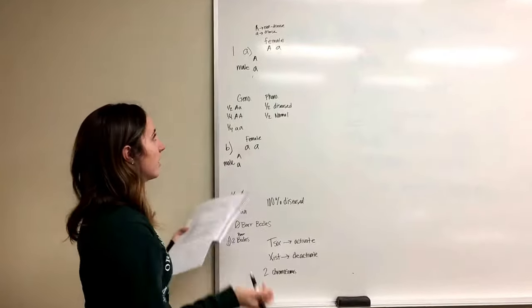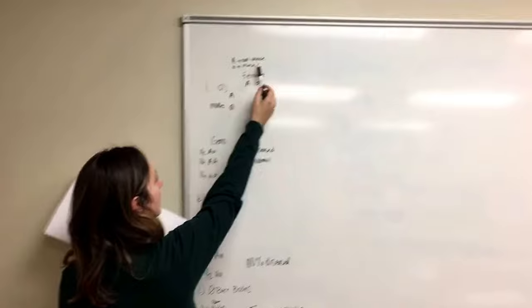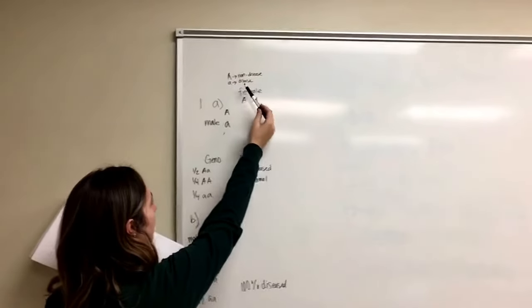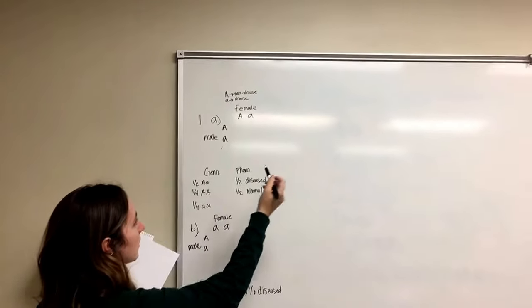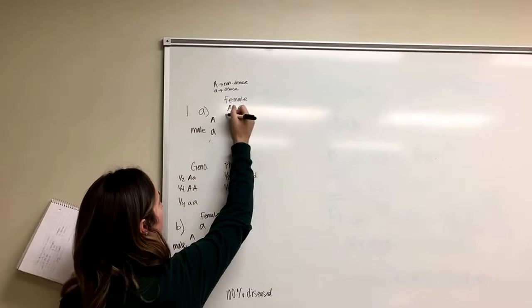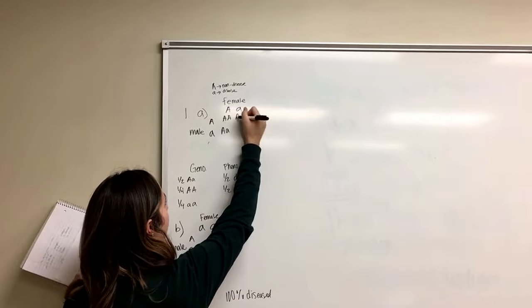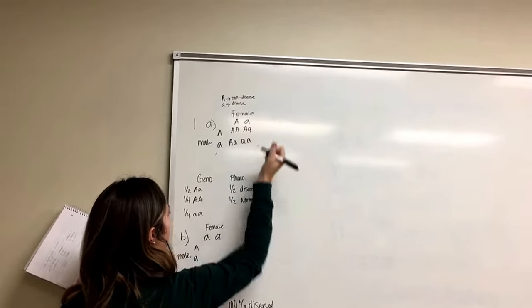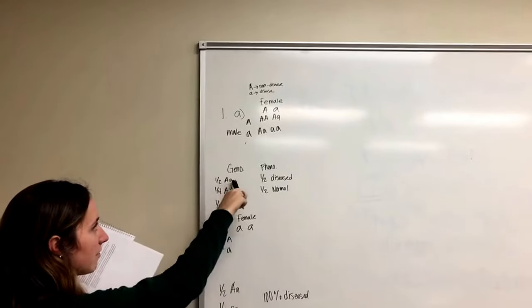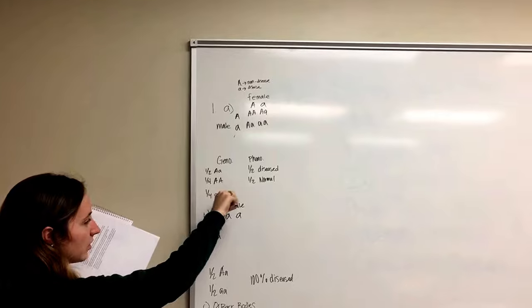Okay, so for number one, big A represents the non-disease allele, and the little a represents the disease allele. The first one gives us the genotypes of a female and a male, and once you do the Punnett square, you'll end up with 1/2 big A little a, 1/4 big A, and 1/4 little a.